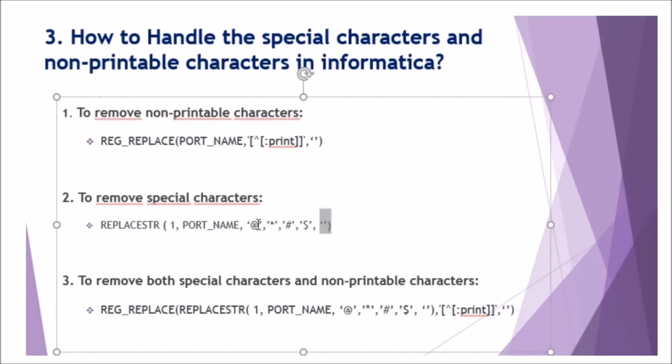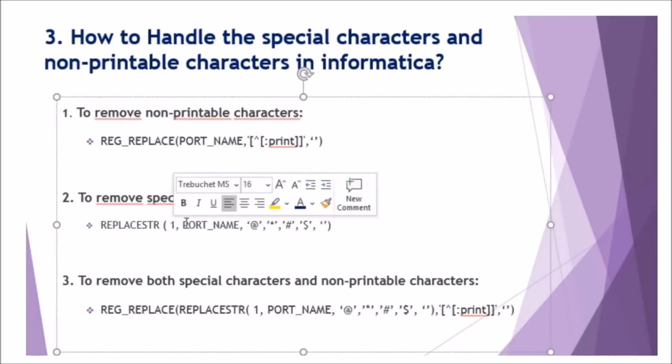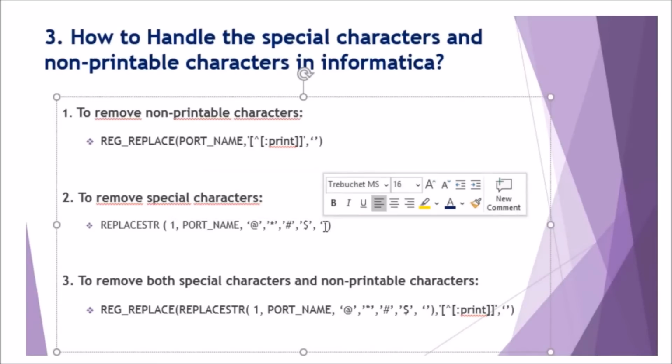Otherwise if we want to replace for both lowercase and uppercase letters, then you have to give 0 here, so it will ignore the case sensitivity. If we find ABC in both uppercase and lowercase letters in the port name, it will replace both with whatever we have mentioned here, that character or string.